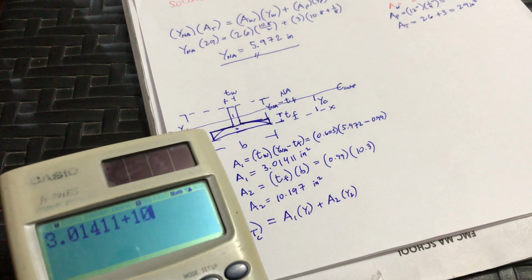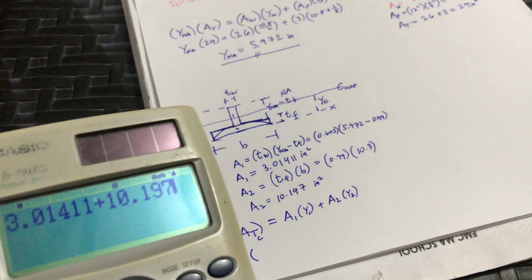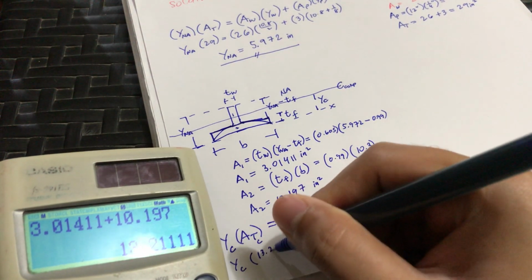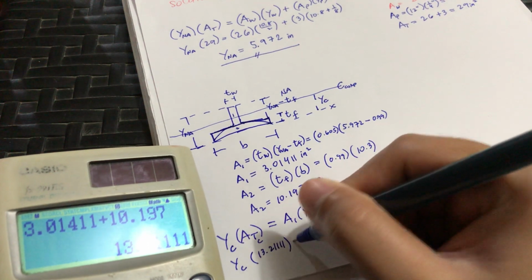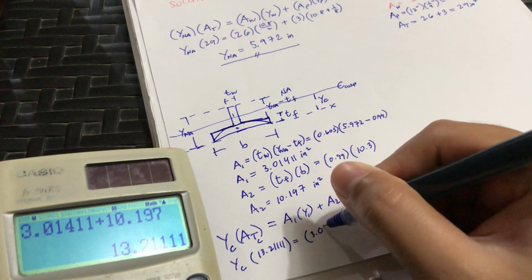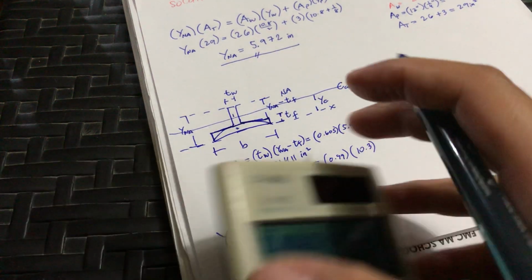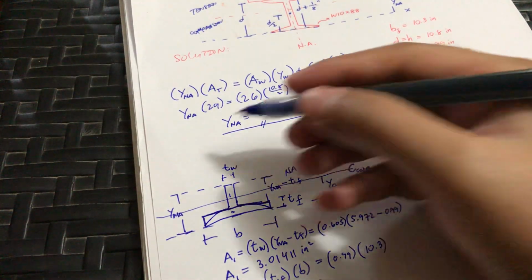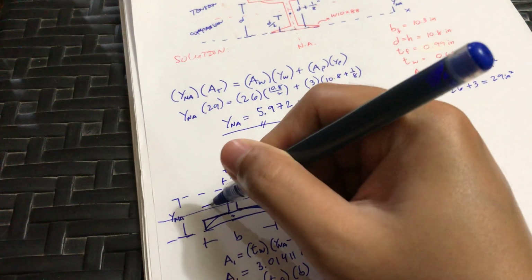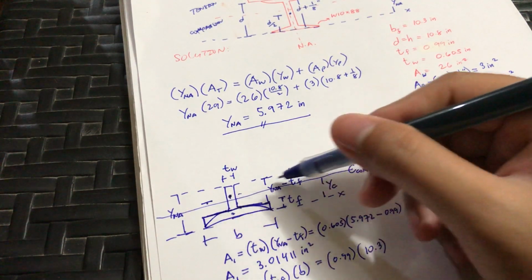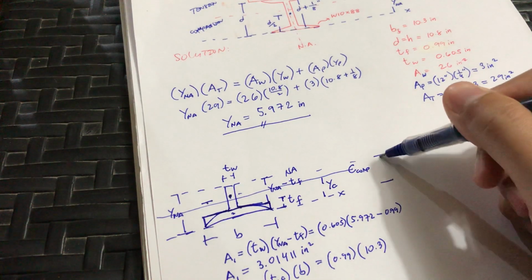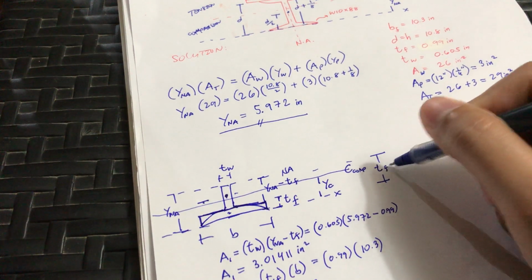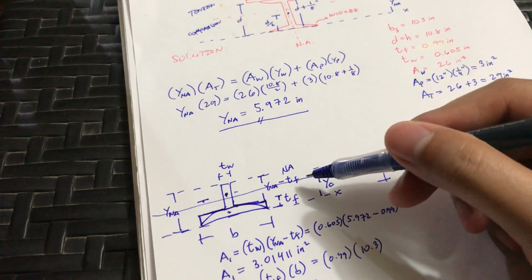3.01411 plus 10.197, we have 13.21111. A1 is 3.01411. Now what is Y1? We have the x-axis here, and Y1, the center of the rectangle, is over here. Y1 is actually TF plus half of YNA minus TF.